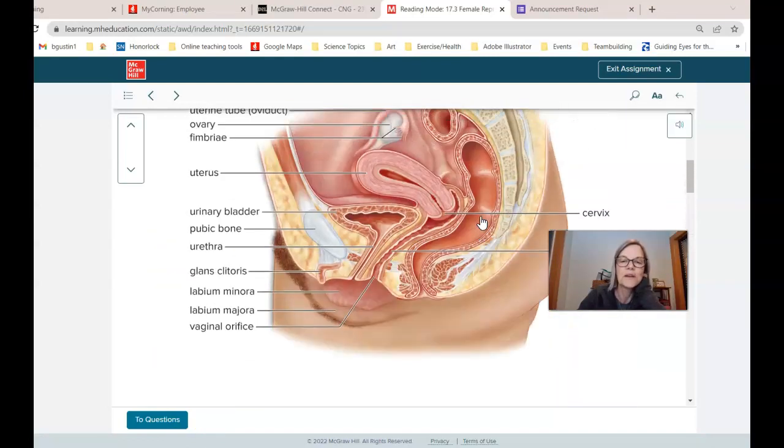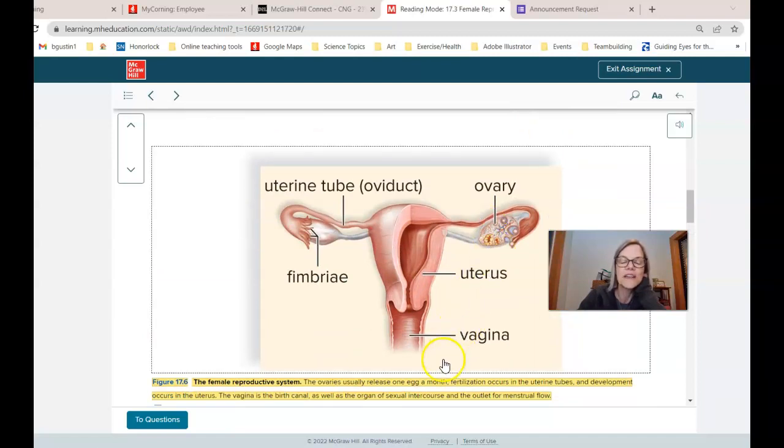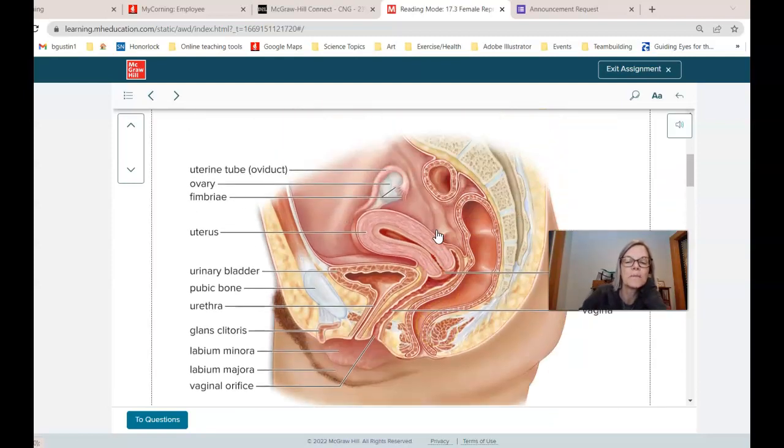I think for this picture might be a little bit easier to see this. So what's going to happen is the semen with sperm in it is going to enter the vagina. It's going to go through this portion here called the cervix, and we'll look at that, and then into the uterus, and then the sperm can be carried up into here, and fertilization usually occurs in the fallopian tubes or in the uterine tubes, and then that egg is then kind of pushed into the uterus where it embeds and the baby will develop there.